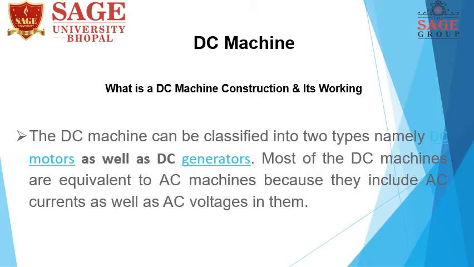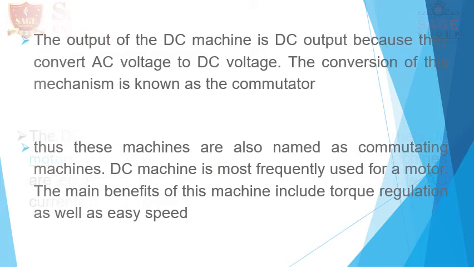Most DC machines are equivalent to AC machines because they include AC current as well as AC voltage in them. The output of a DC machine is DC output because they convert AC voltage to DC voltage, and the mechanism of this conversion is known as the commutator.